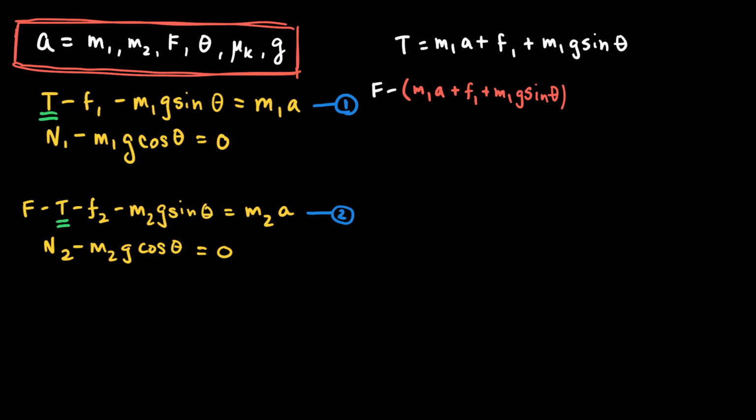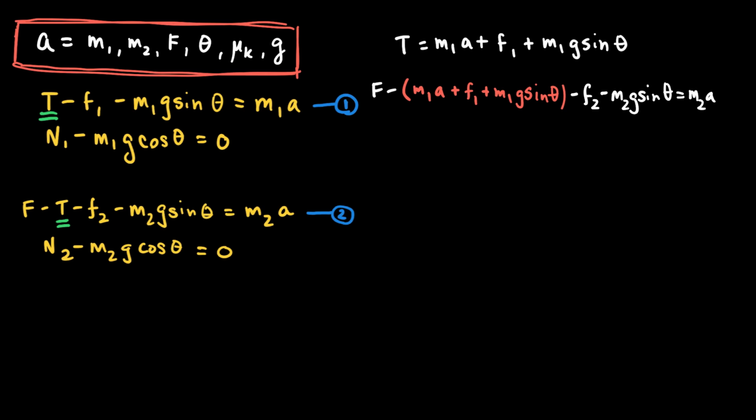But then equation number 2 continues on, right? After that, I have minus F2 minus m2g sine theta equals m2 times a. So I've substituted in the tension, and now let's go ahead and distribute that minus sign.